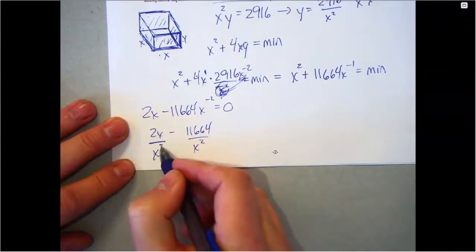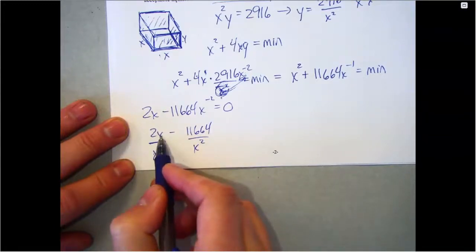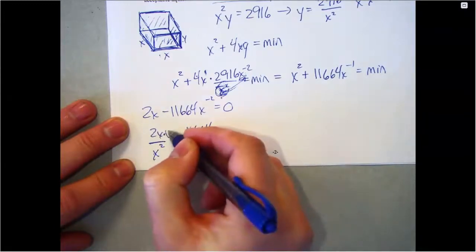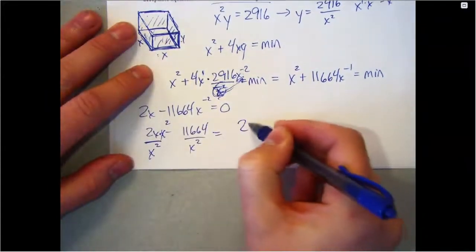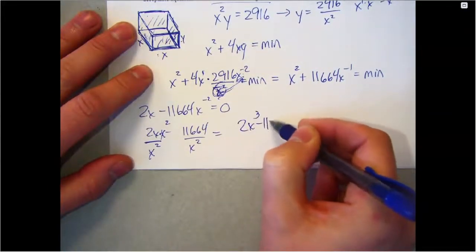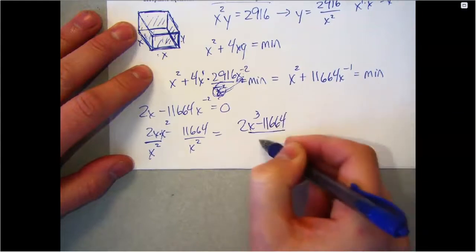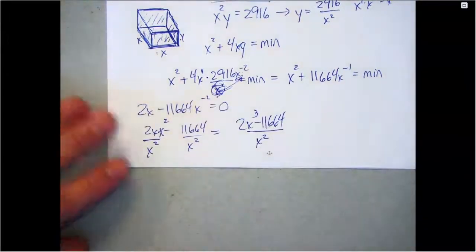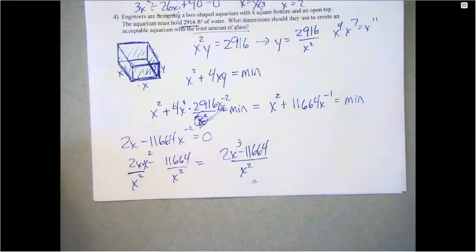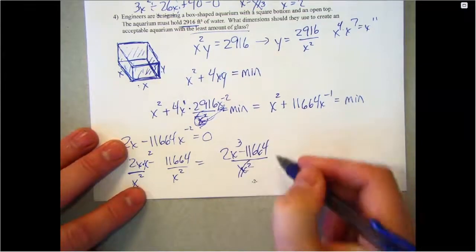Got to be an x squared. So don't I have to put an x squared on top also? So I really end up with 2x to the third minus 11664 over x squared. My job is to set the top and bottom equal to 0. Well, I don't have to worry about the bottom because if I solve that, I get 0, and a 0 by 0 aquarium is not holding 2916 cubic feet of water. Doesn't matter, so I just have to solve this.